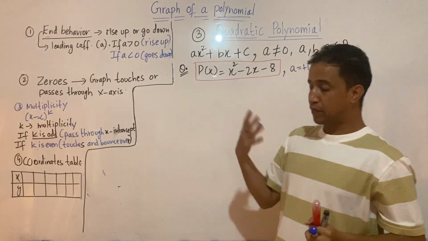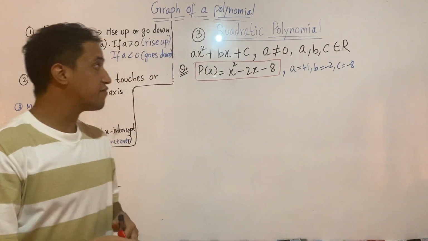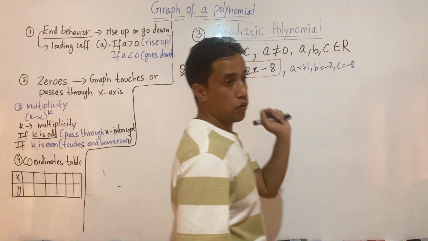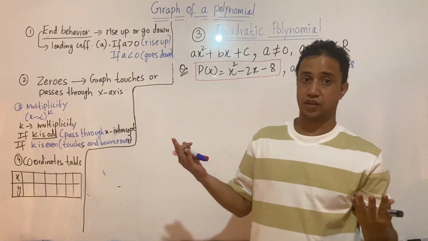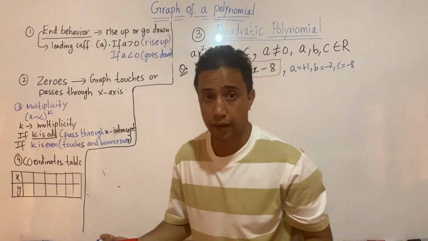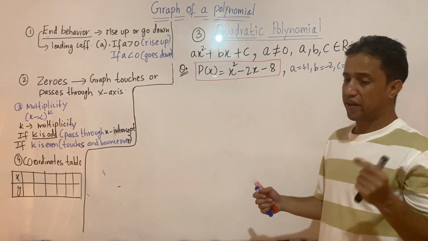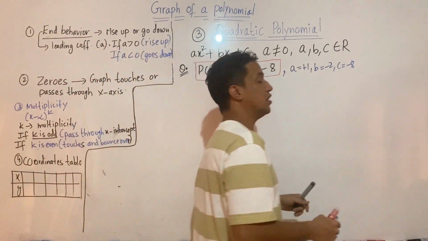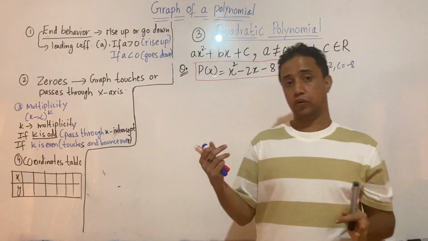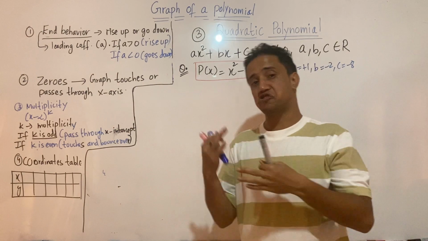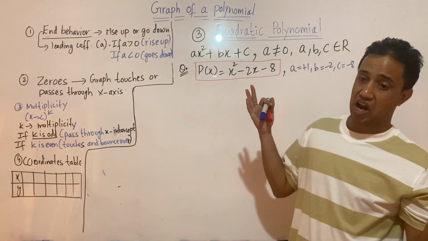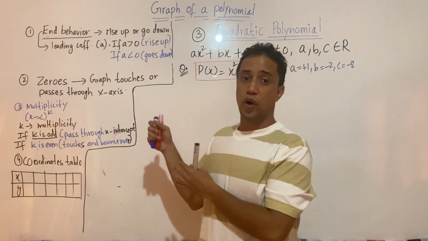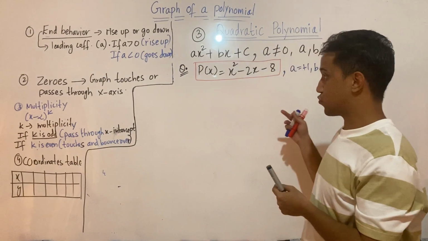Now see here, the graph of a quadratic polynomial is a parabola, right? Whenever you sketch the graph of any quadratic polynomial, you will get a parabola, okay? We will discuss later the different cases that we can see when we sketch the graph of quadratic polynomials.